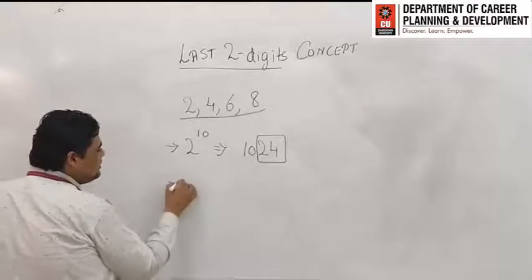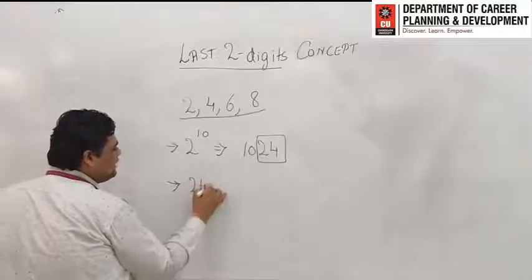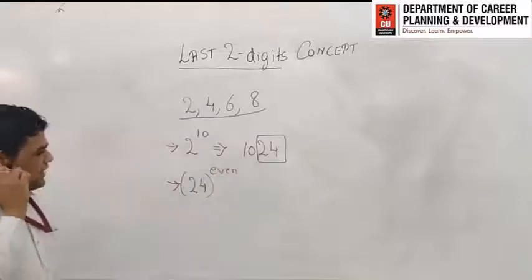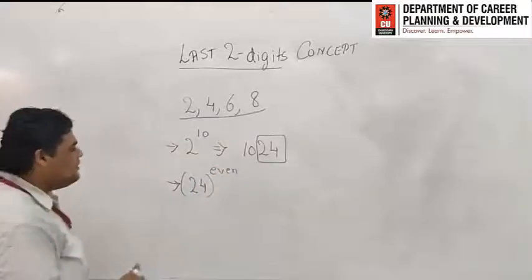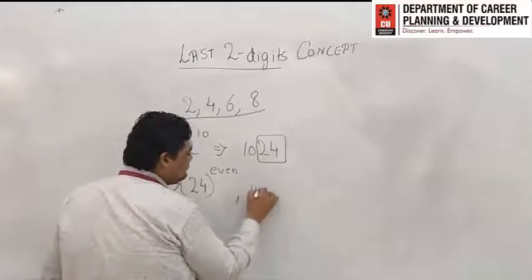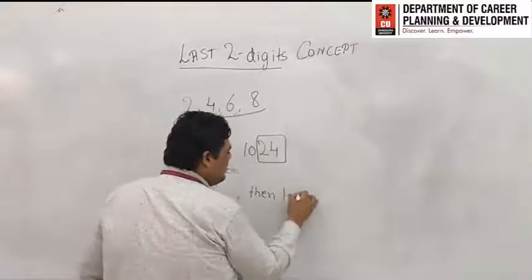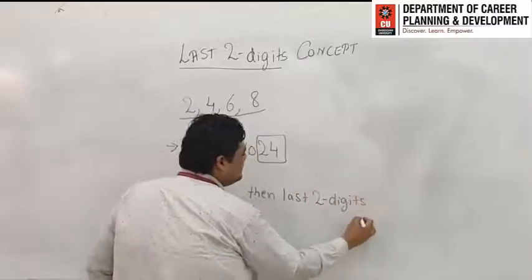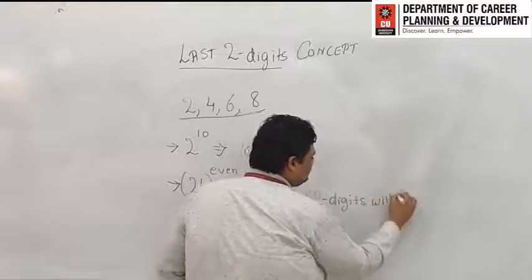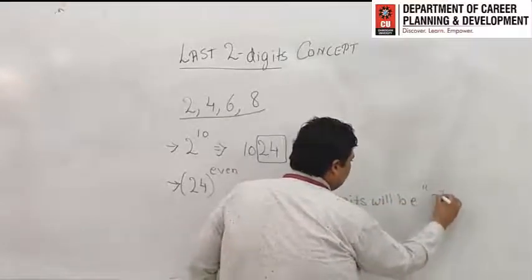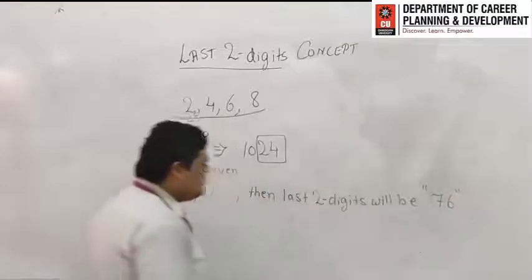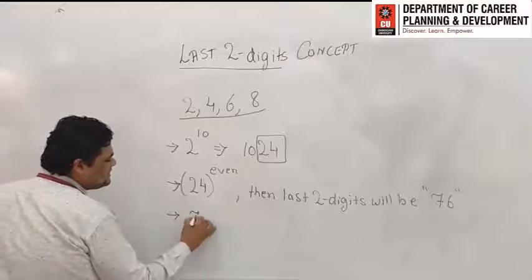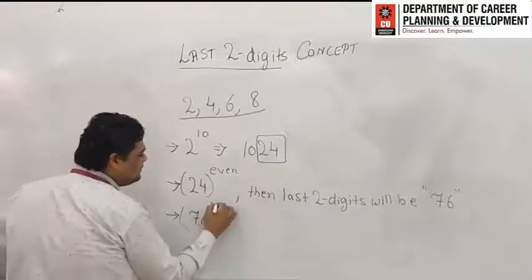Now, whenever 24 is raised to any even power, the last 2 digits will be 76.